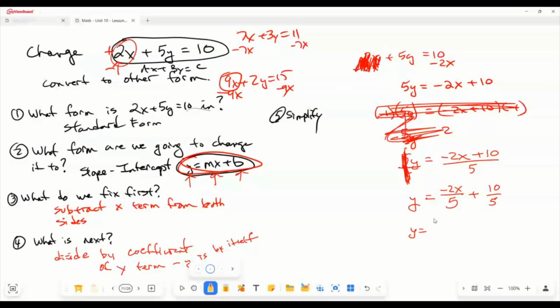So this is negative 2/5 x. The fraction part just kind of pulls out in front of the x. Plus 10 divided by 5, 2.